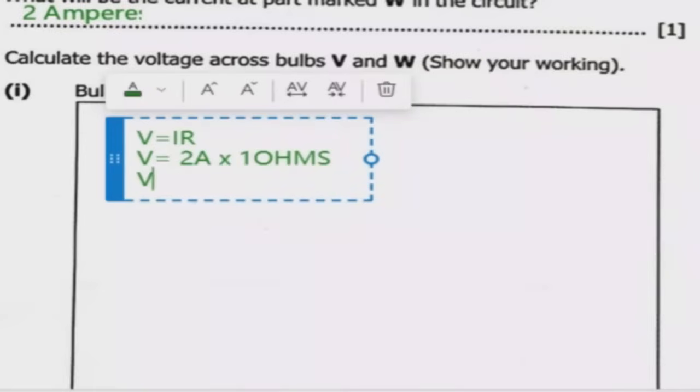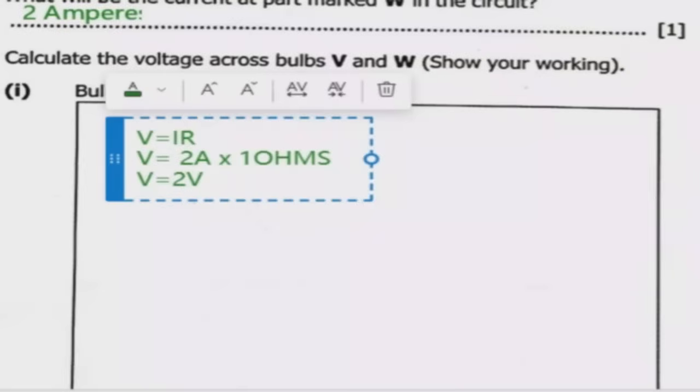Voltage is equal to 2 times 1. 2 amps times 1 ohm will give us 2 volts. The answer is 2 volts.